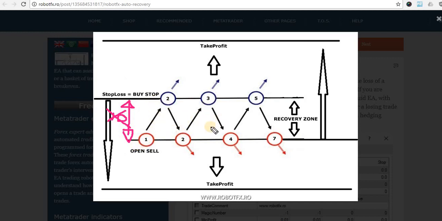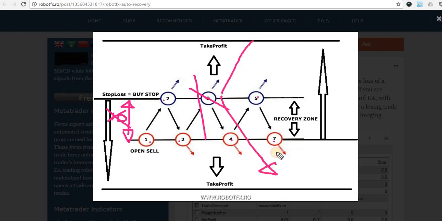However, do mind that there is an option in the expert advisor settings to limit the number of trades the expert advisor is allowed to open, just so it will not drain your account. Of course, at some point you must have a limit and say stop, and from there take over trading, hedging manually. But again, it depends on your settings.